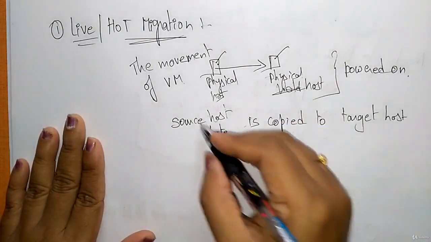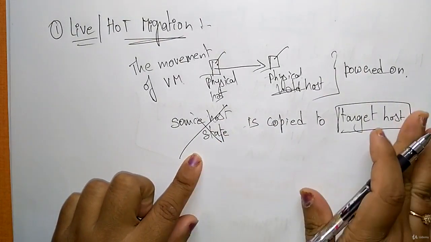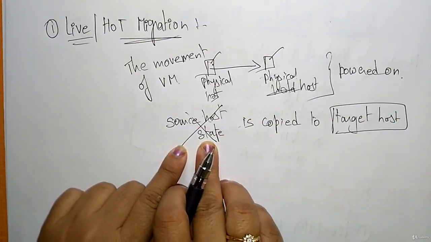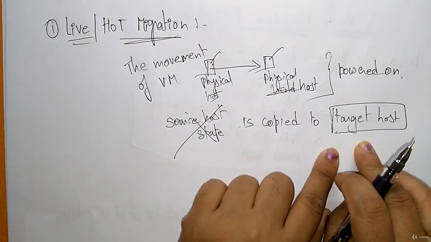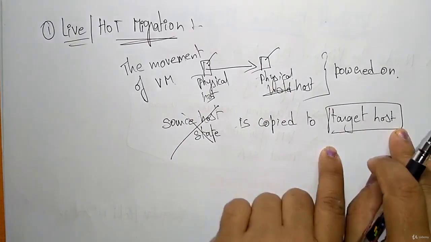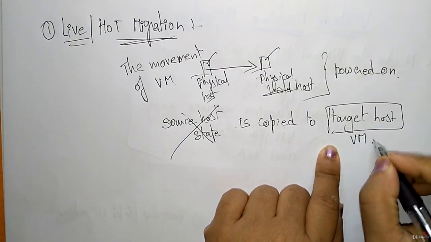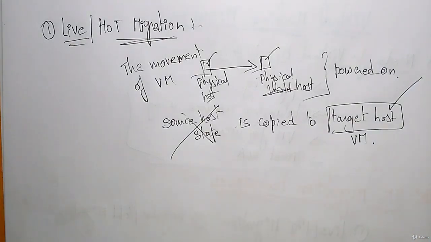Whenever it reaches the target host, the complete state is moved to the target host, and the source host is suspended. The network is routed to the target virtual machine. Finally, the target virtual machine starts. So this is a migration.